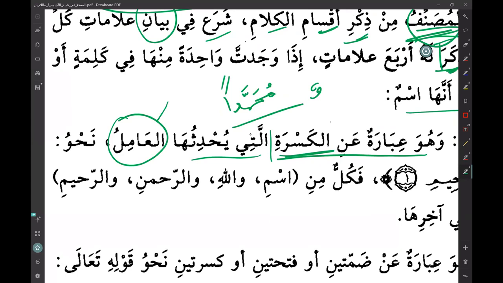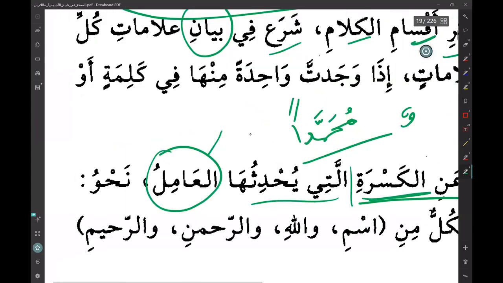So what is amil? The linguistic definition: we have amala, to work, and amil is something called an active participle. So when you have amala and we have amil, what does it mean? If amala is to do, what would amil mean? It is something doer, yes.